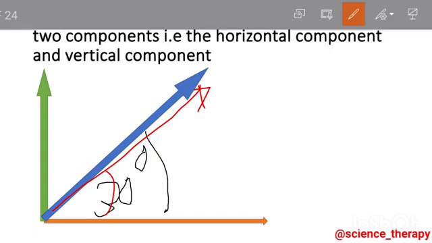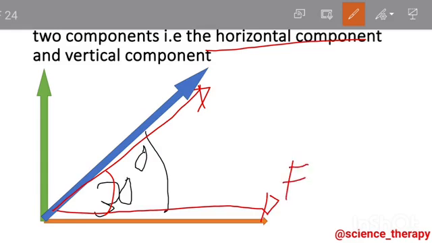Now the quickest way to resolve this one is, let's start with the horizontal. Now horizontal means it's either going to the left or right. Now how do you think of this? You look at the one that is diagonal and you ask yourself a question. Is it going to the right or left? So we can see that the arrow is obviously going to the right. So that means our horizontal component fx is going to go horizontally like that.